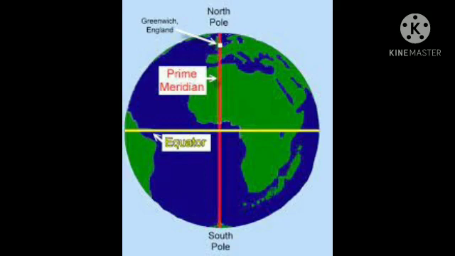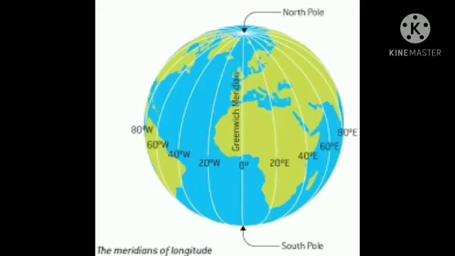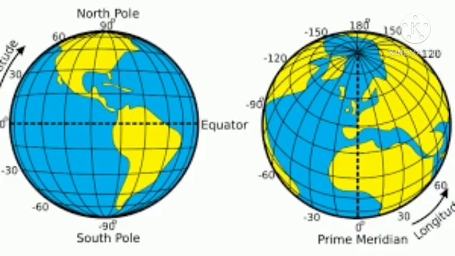The meridians in the east are marked as E, and those in the west are marked as W to let us know their position. The 180 degree east and 180 degree west are the same line, just opposite to the prime meridian.